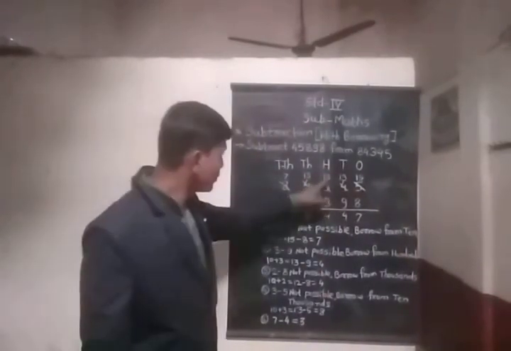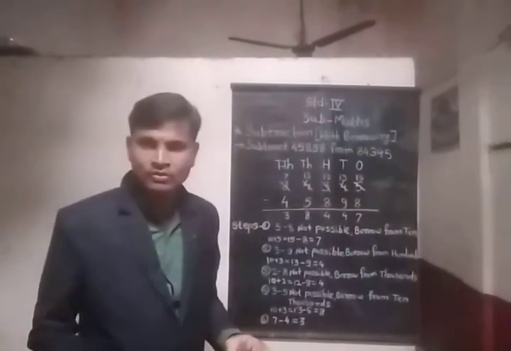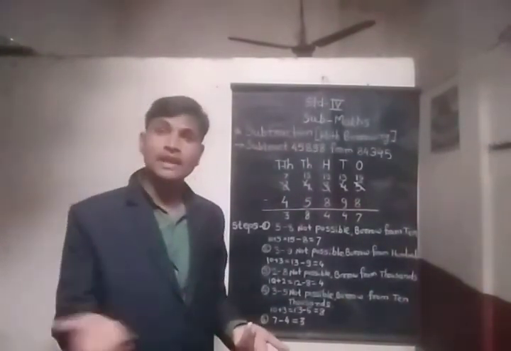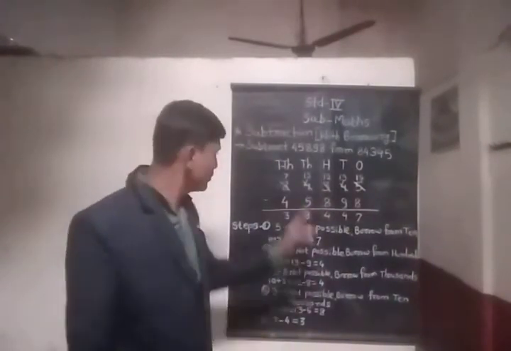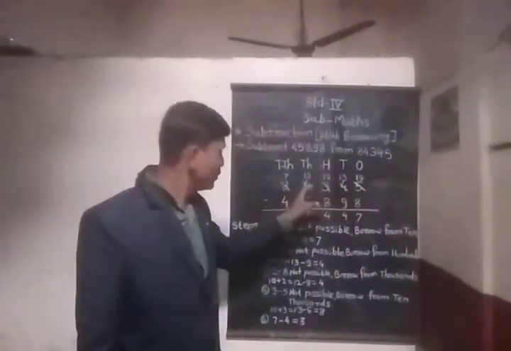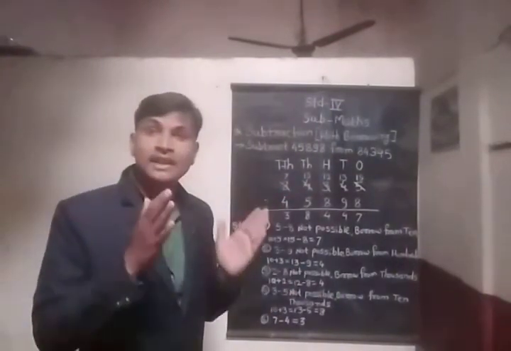And here 2 minus 8 is also not possible. 8 is more than 2. Then we have to take a carry from the thousands place. Which is the thousands place? 4 is there. So you should take 1 thousand there. 1 thousand is equal to 10 hundreds.